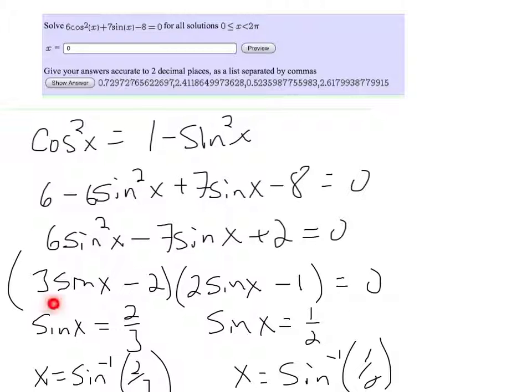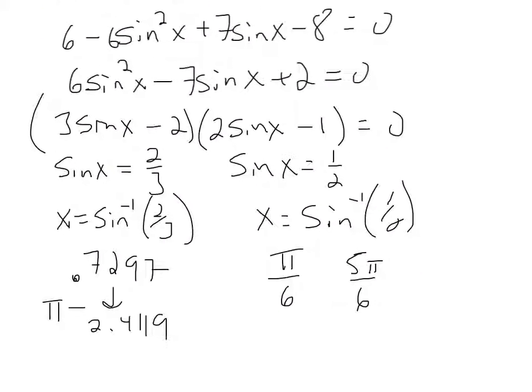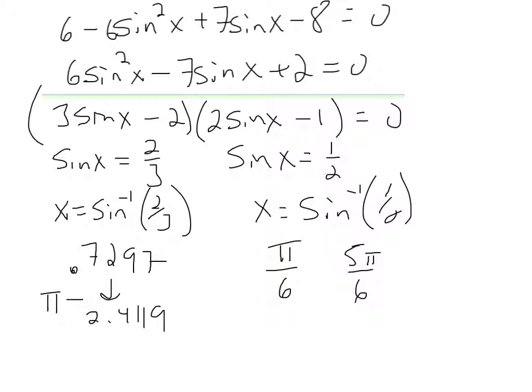Well, this factors very nicely, so I used the zero product property, which tells me sine x equals 2/3 and sine x equals 1/2. So then, let's see here. I found the arc sine of both sides, the arc sine of that, which is this, and I found the arc sine of that also.